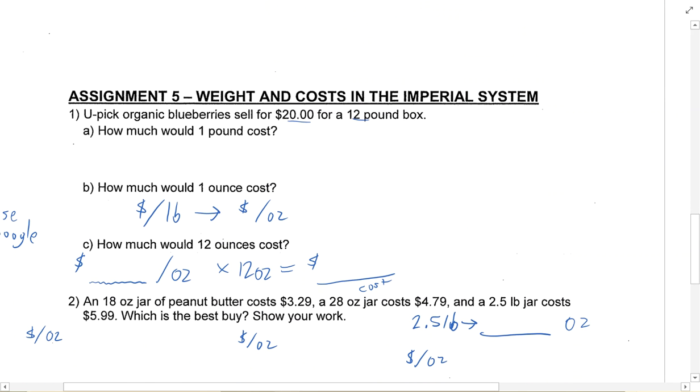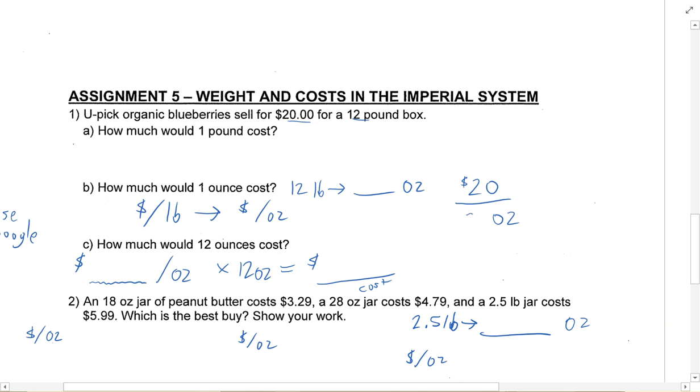So assignment number 1: how much 1 pound costs, and then how much 1 ounce costs. So you're going to have to convert your pounds into ounces. You convert 12 pounds into how many ounces, and then you divide your $20 by how many ounces you had.